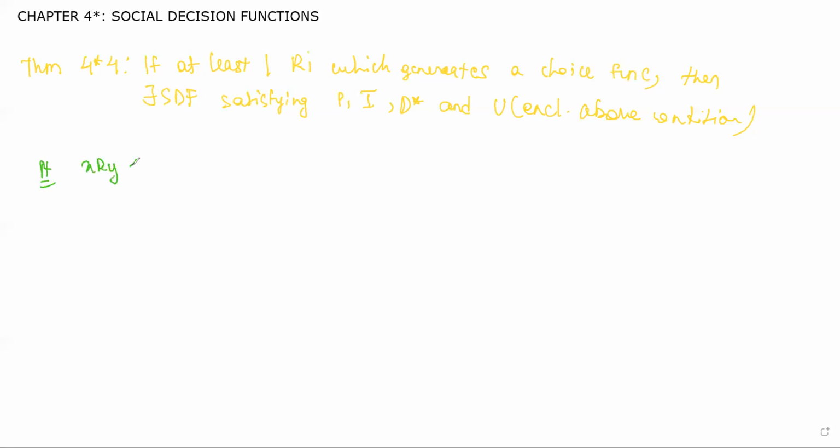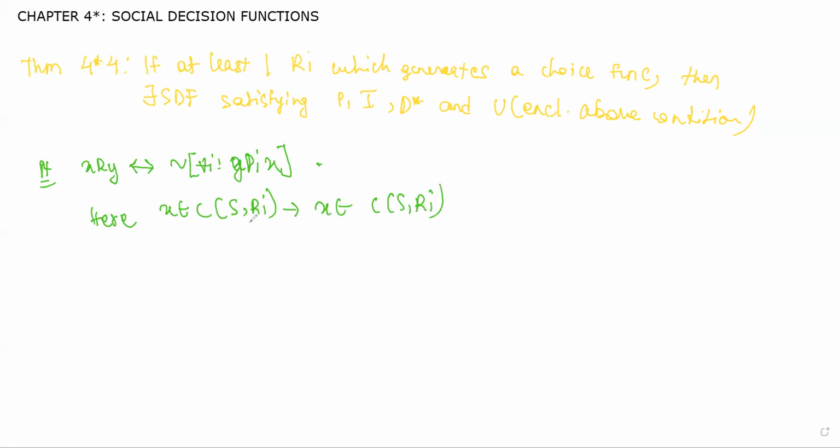XRY if and only if, for all I, X, Y, PIX is not true, then XRY should be true. Right? Here, if X belongs to the choice function over a subset S using an individual ordering I, then it also belongs to this.